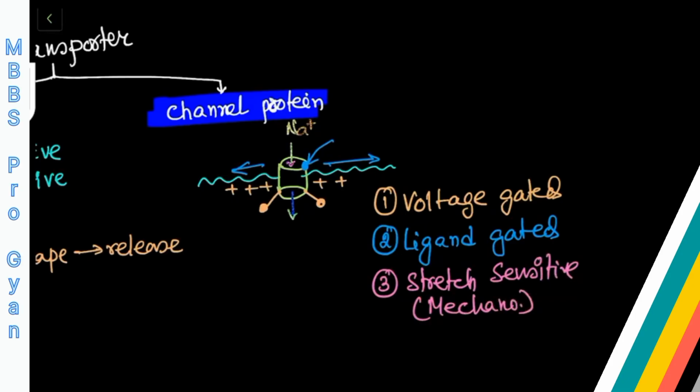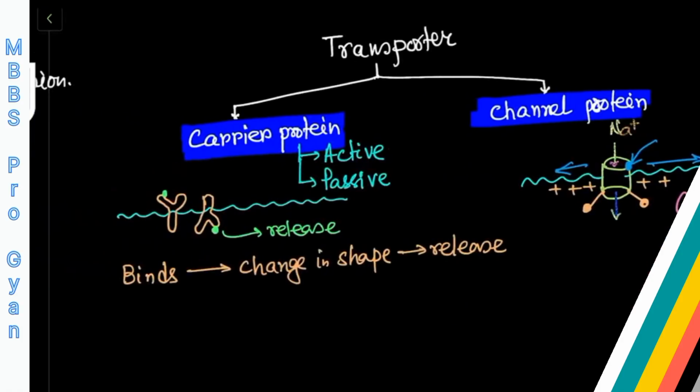So these are the different varieties of channel. There are many others also, but these are three different types of channel protein that you have to remember. The channel protein is not going to change its shape and it is not binding with the substances transported through it. But the carrier protein has to bind with the substances and it has to change its shape.